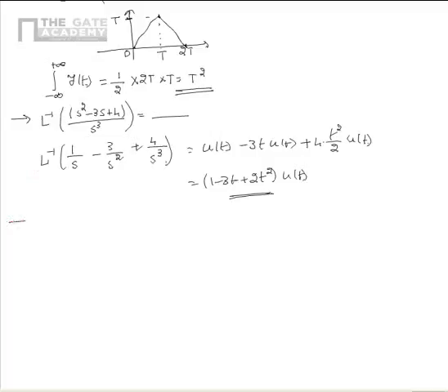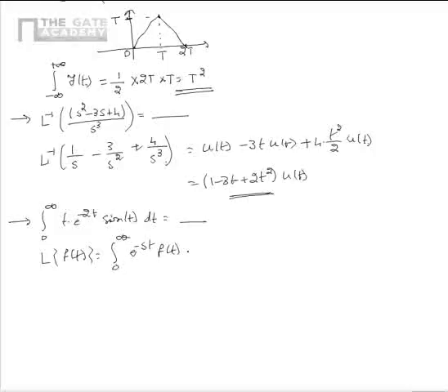Now let us look into another problem, as a part of which we need to find the integral from 0 to infinity of t e^(-2t) sin(t) dt. We know that the Laplace transform of f(t) can be written as the integral from 0 to infinity of e^(-st) f(t) dt.